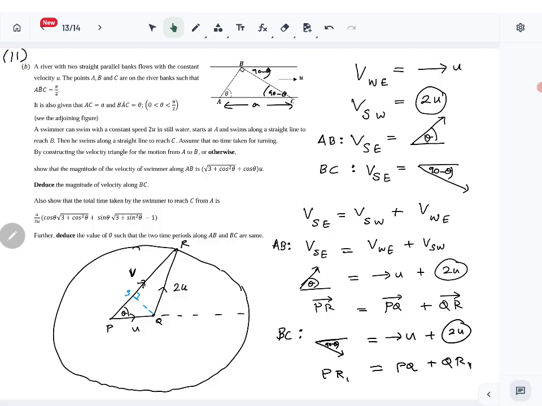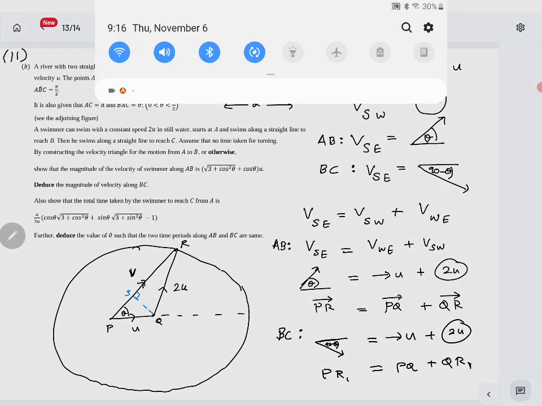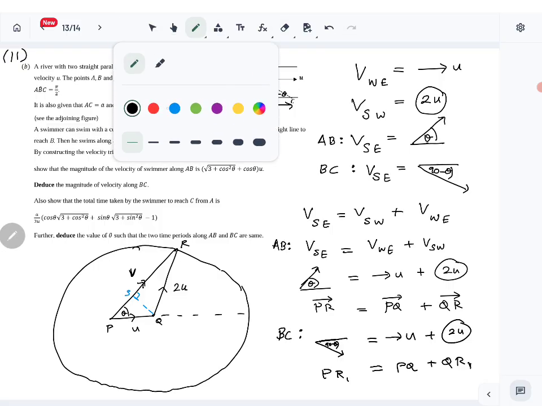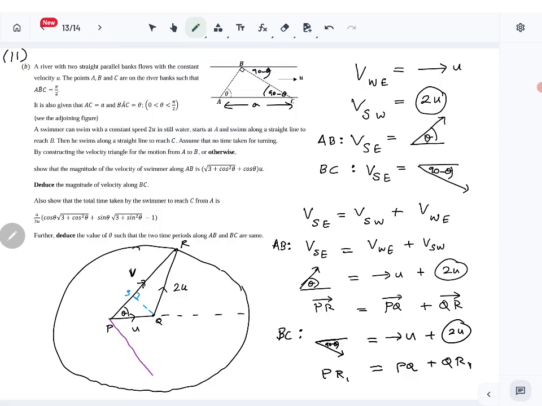Then you will get the magnitude of velocity along BC. So let me also draw this with a different color. So this would be like this. This angle is 90 minus theta.